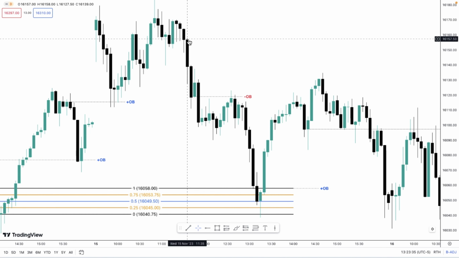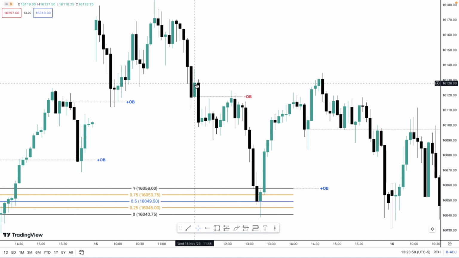Open there, go high, go down, print the low, close, next candle. All the candles were closing lower. But this one, it opened here and then went high to print the high and it closed higher. So the reason this candle closed green is because the closing price is higher than the opening price. Therefore, the candle is green.